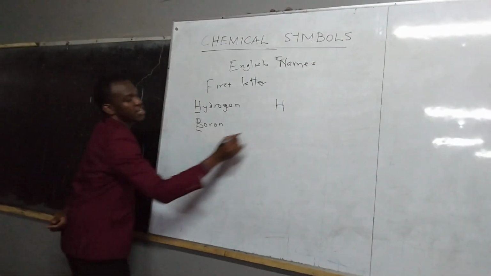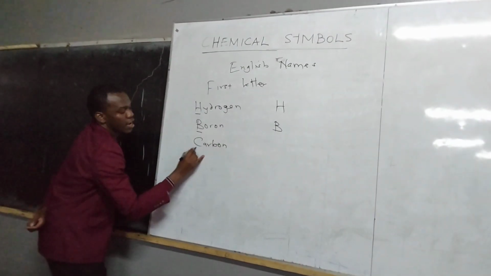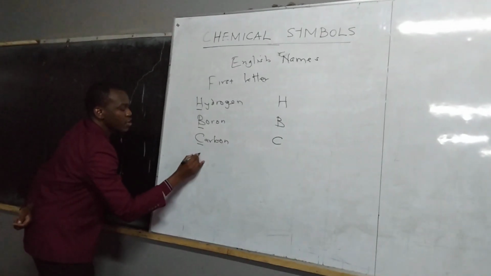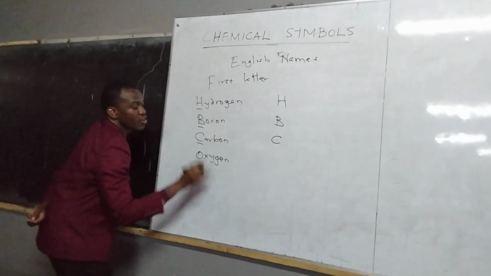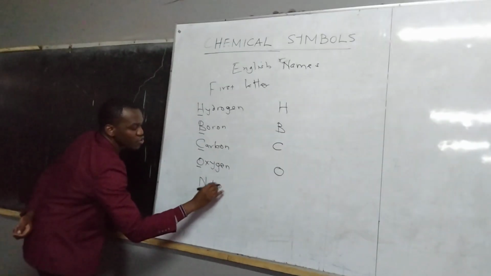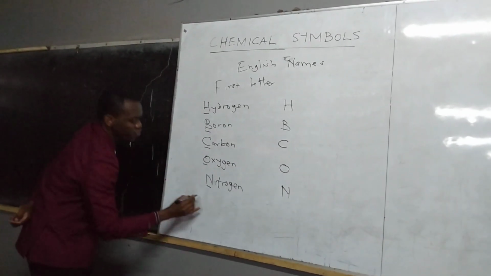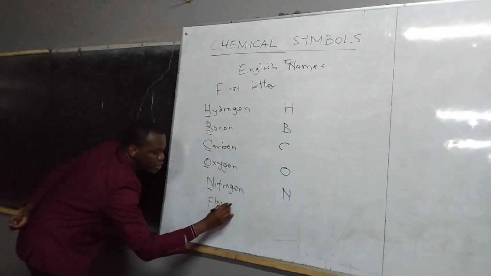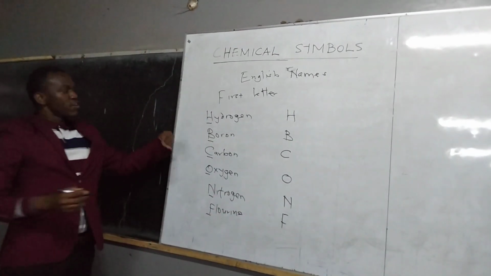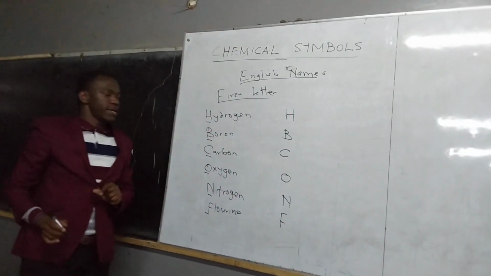Boron, you take the first letter, that is B. Carbon, you also take the first letter, so it is C. Oxygen, you take also the first letter, that is O. Nitrogen, you also take the first letter, N. Even fluorine, you also take the first letter, that is F. So that's how you extract the first letter of the English name.